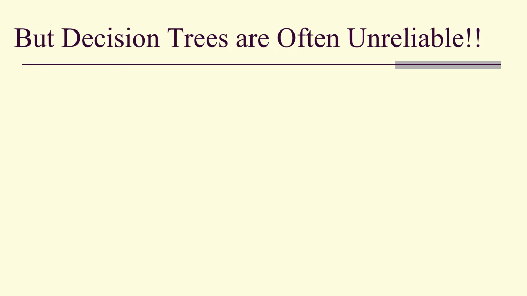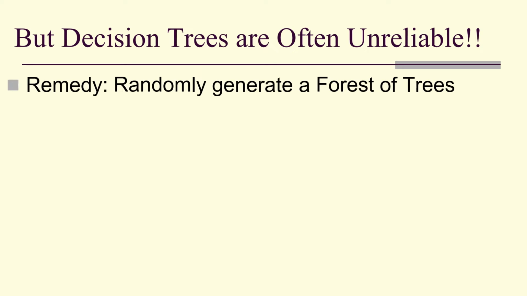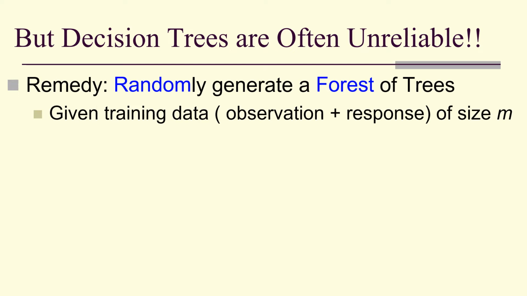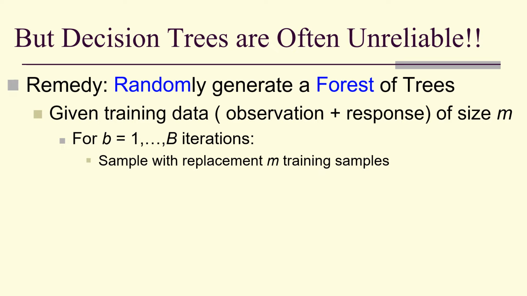Decision trees are often unreliable, so we randomly generate a forest of trees, a random forest. Given training data, observations plus the response, of size m, for b equals 1 to capital B iterations, we sample with replacement m training samples, that's bagging.